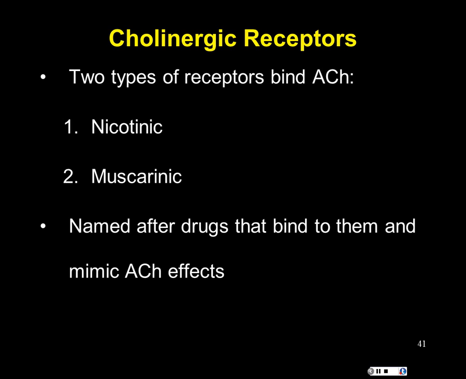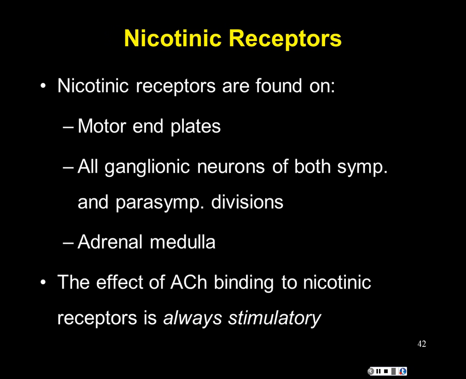If we look at the nicotinic receptors in a little bit better detail, we're going to find them in three areas. One is called motor end plates. And that's, if you want to put in parentheses, at your skeletal muscles. Motor end plate of your skeletal muscles.